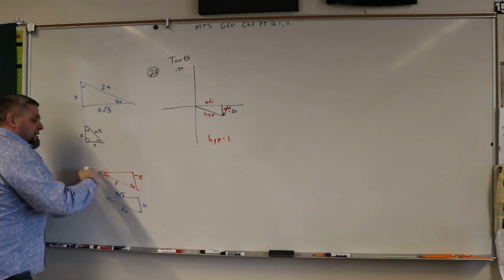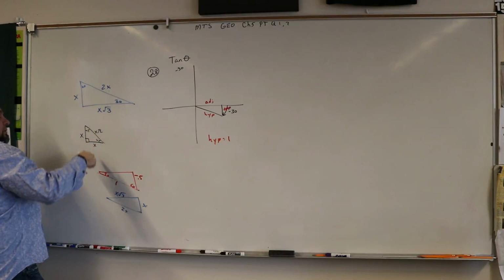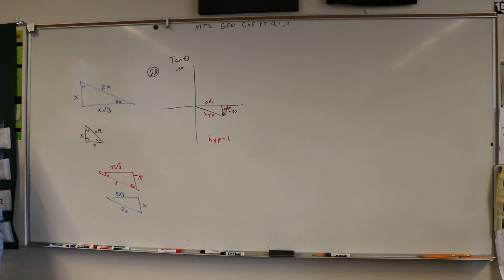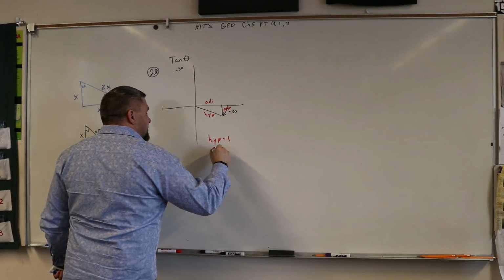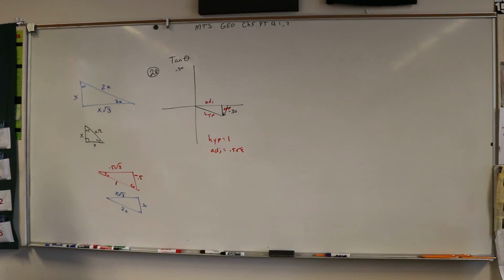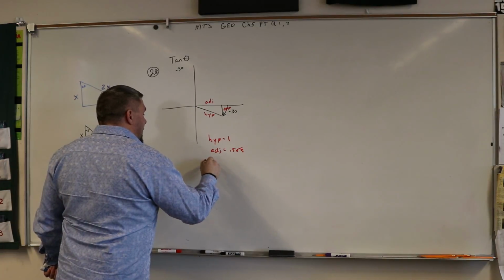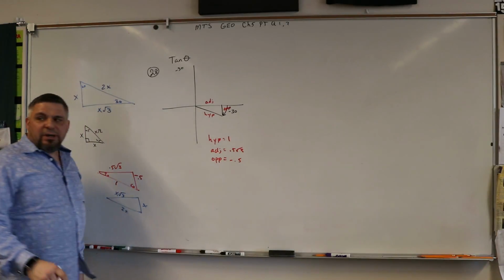And this is going to be 0.5 square root 3. Okay? And so now we know what our positions are. We go adjacent is 0.5 square root 3, and our opposite is going to be negative 0.5, right?